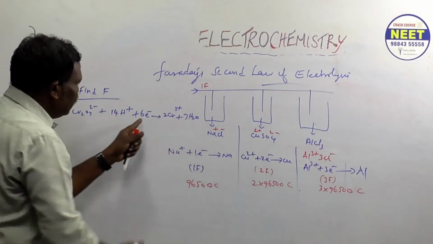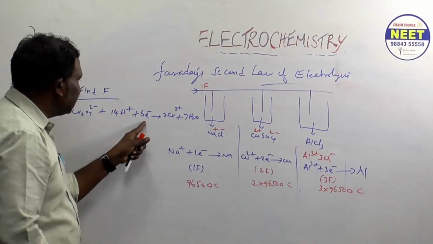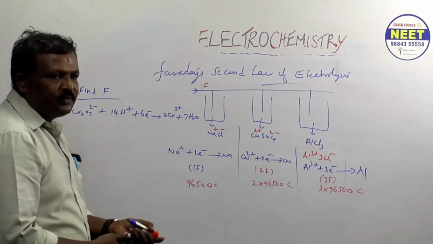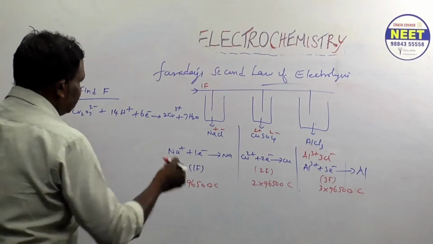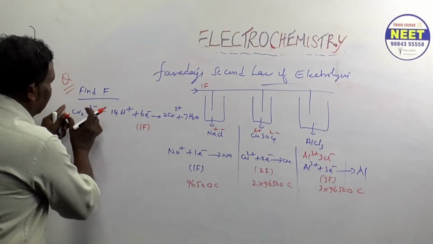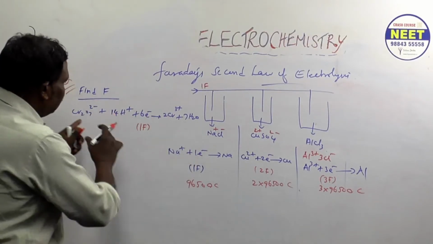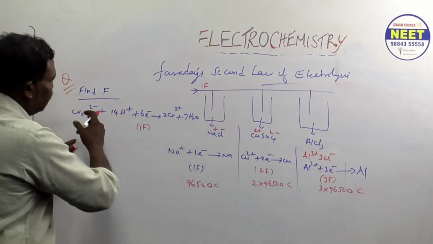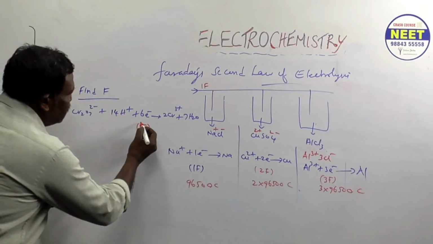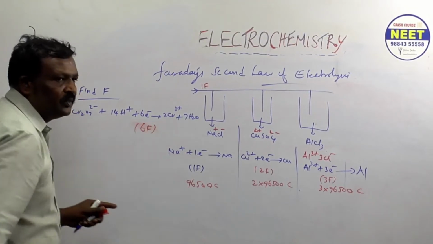Everything they will give, don't worry about what this is. 6 electrons means 6 Faraday. Simple. 6 electrons means 6 Faraday is necessary, then only 1 mole of dichromate is reduced. We need 6 Faraday.